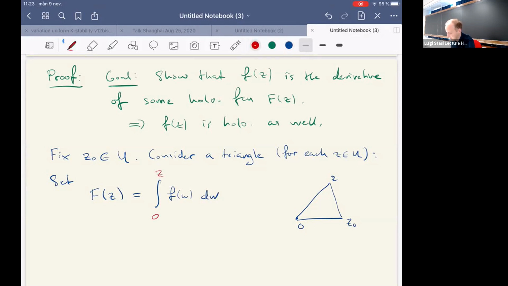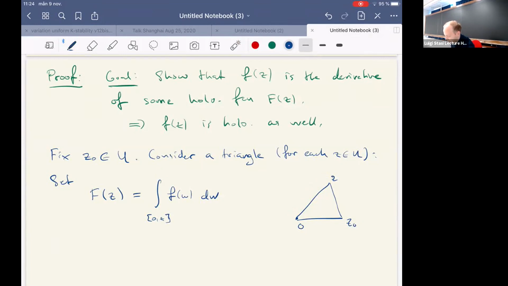You would put 0 here and z here maybe, right? Now in complex analysis, the way I will write this is I take this line segment from 0 to z like this. I look at the integral along this line segment here, and now I want to see what this one equals.